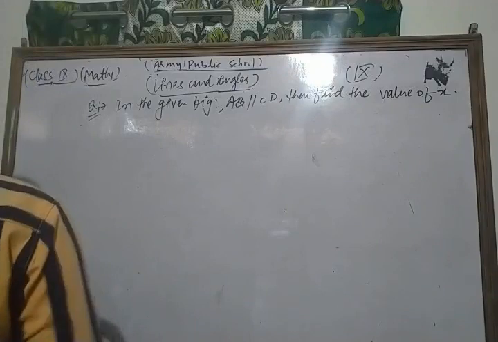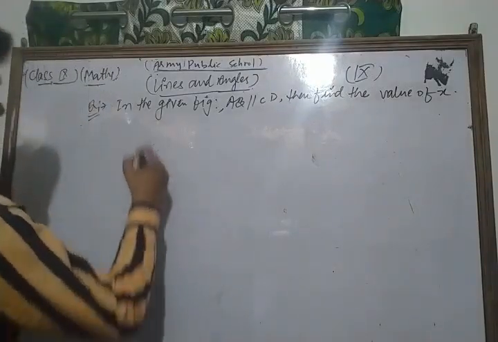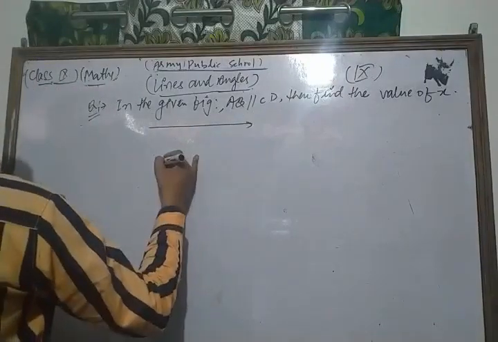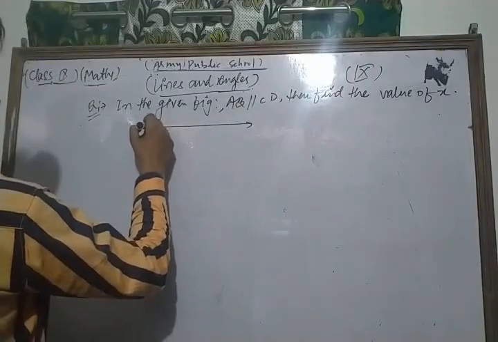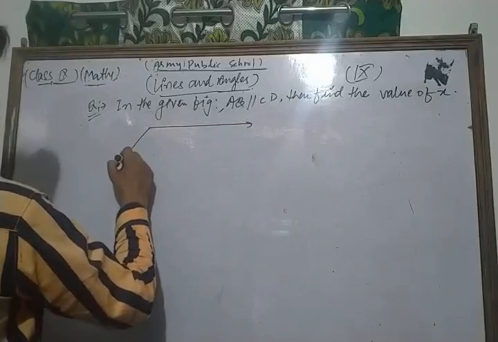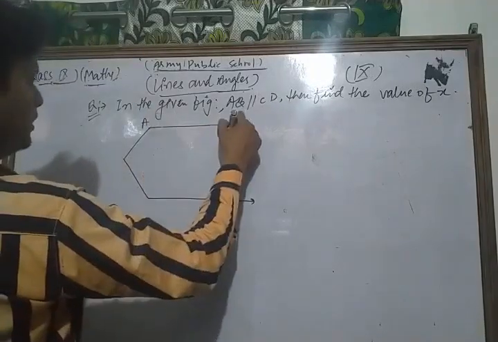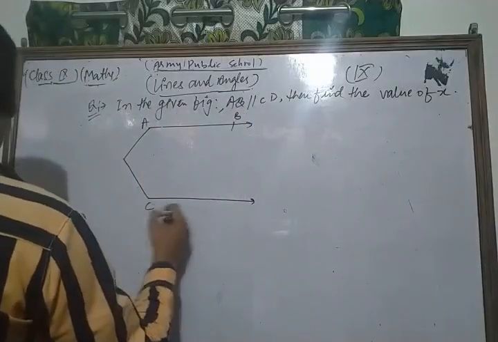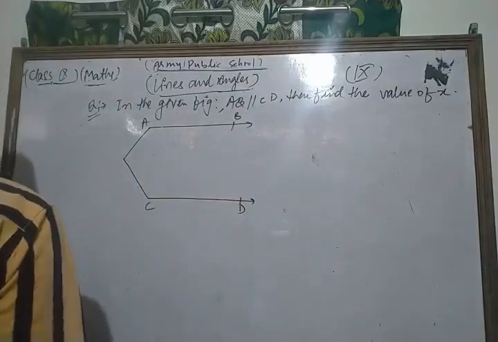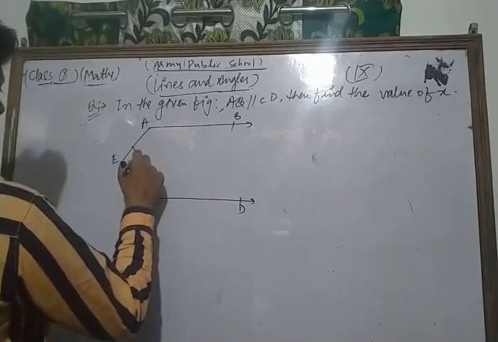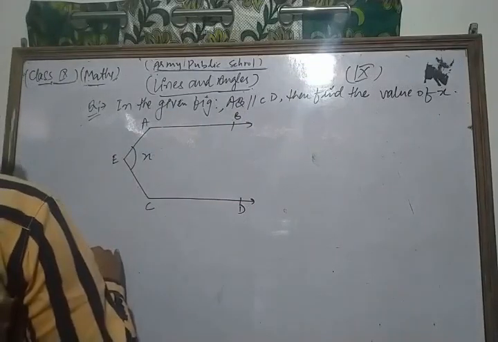And your figure is, let's see, this is A, this is AB and CD, and here E, that is x.